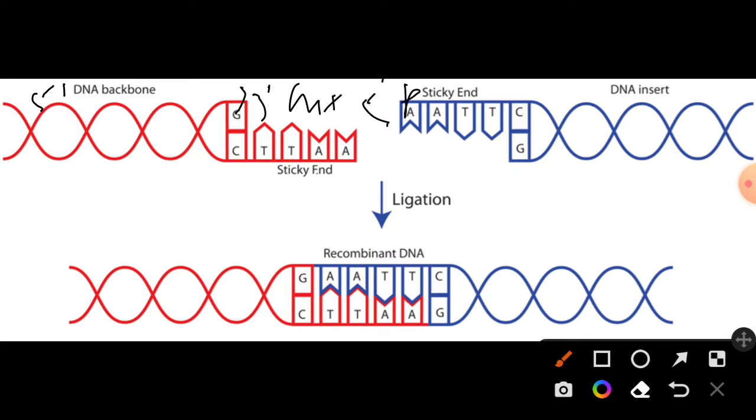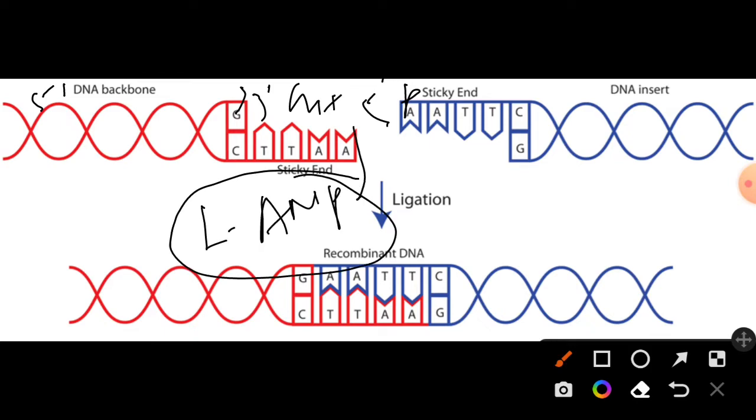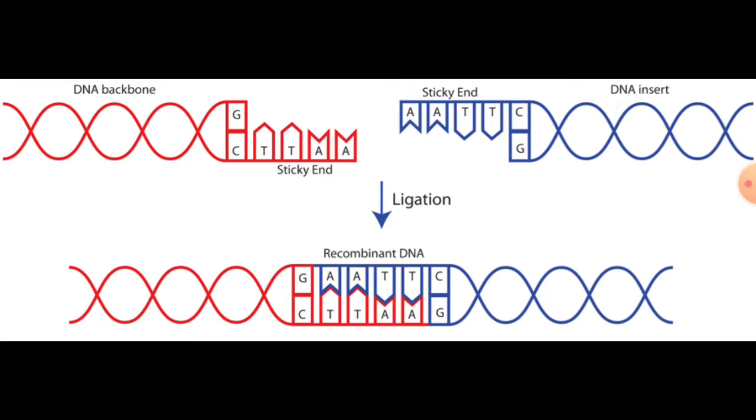The ligase AMP complex, which I have denoted here as LAMP, will simply help them form a covalent bond, and that is the phosphodiester formation that leads to their joining. I hope you have understood it very carefully.